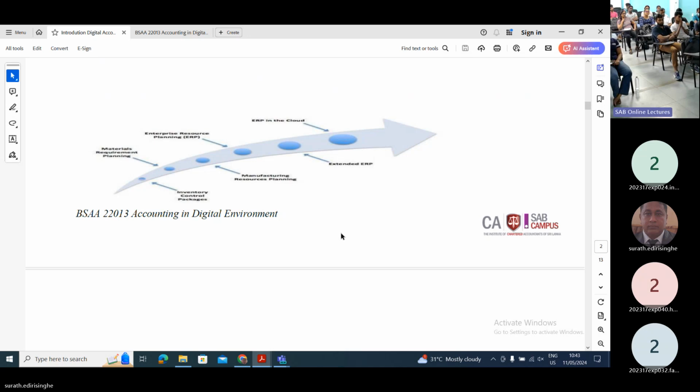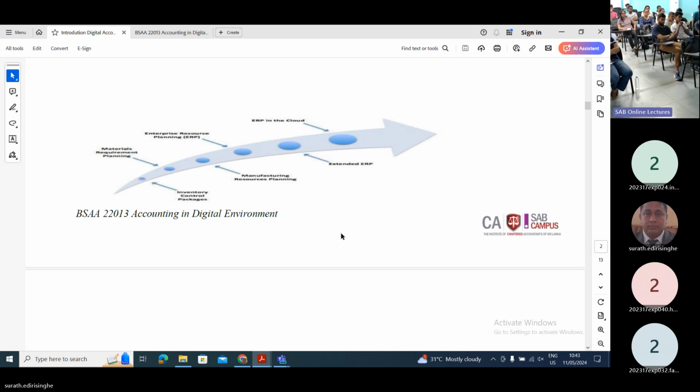Thereafter, this inventory management and control system was modified and further developed into the MRP1 production hub. The MRP1 was further developed into the manufacturing resource plan, coordinating the entire manufacturing process. Now ERP was developed. Look at the extended ERP there, and ERP in the cloud.